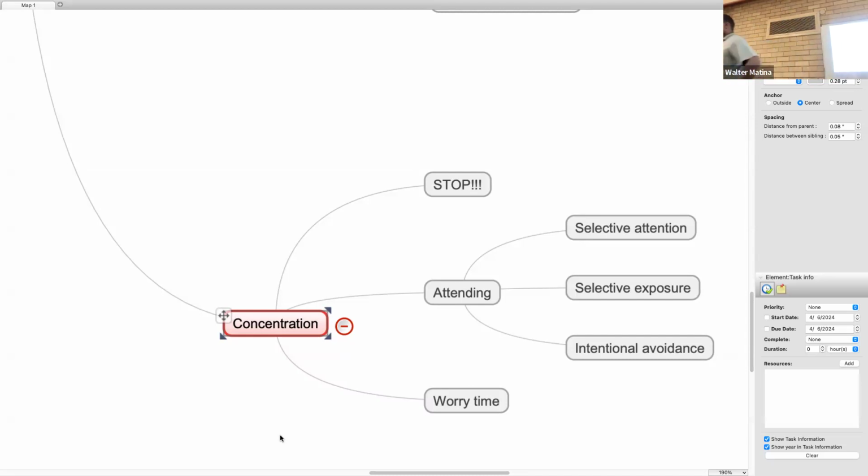Questions? Dan, can you explain the word counterintuitive again? All right. So counterintuitive, let me explain the word itself. Counter means opposite.